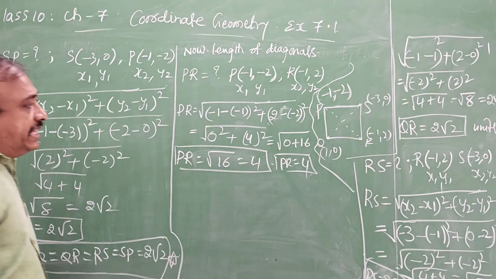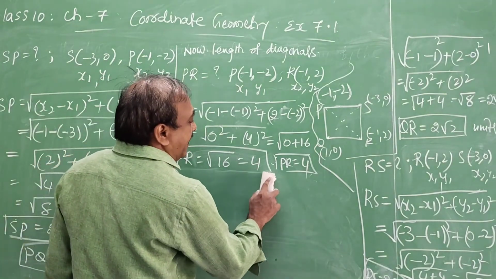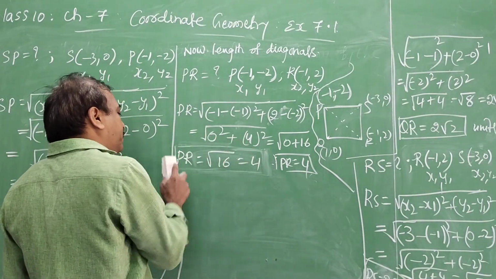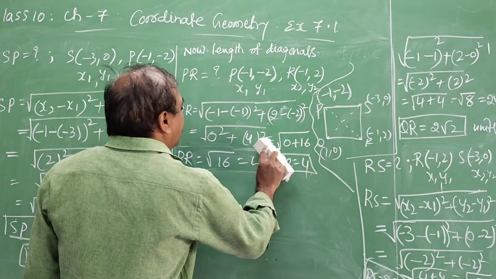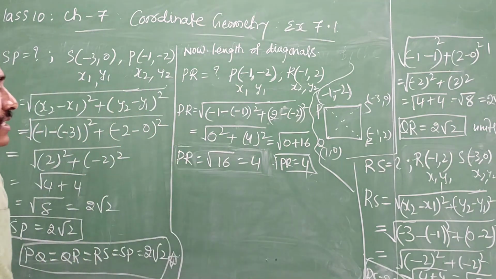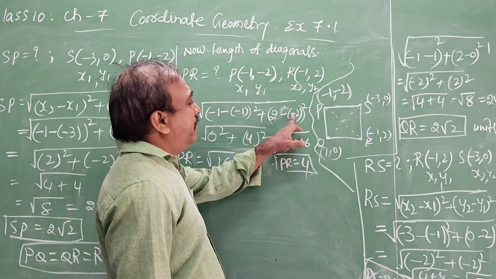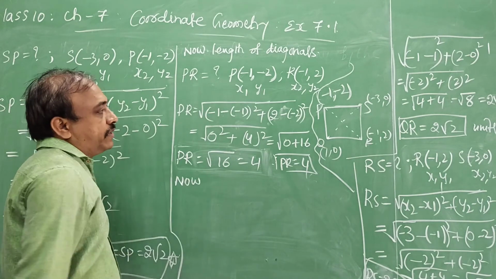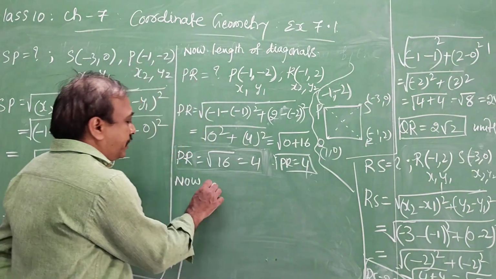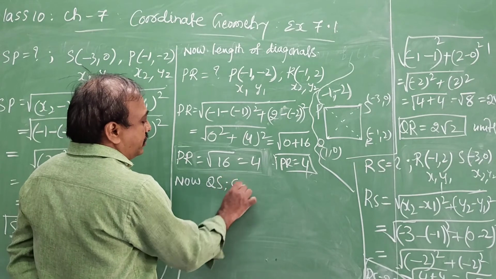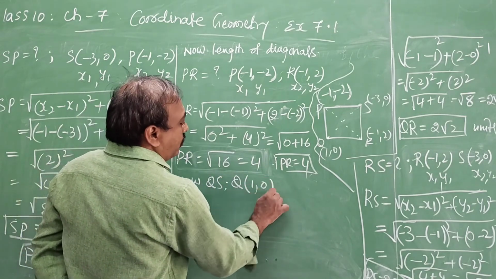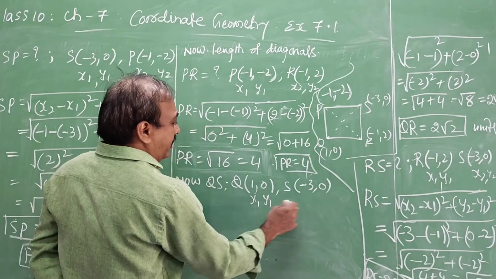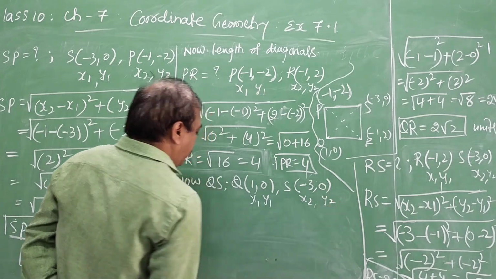Now we have to find out QS. If QS is also equal to this PR, then it is definitely a square. So PR is equal to 4 we got. Now, QS, where Q is 1 comma 0 and S is minus 3 comma 0. So x1, y1, x2, y2.